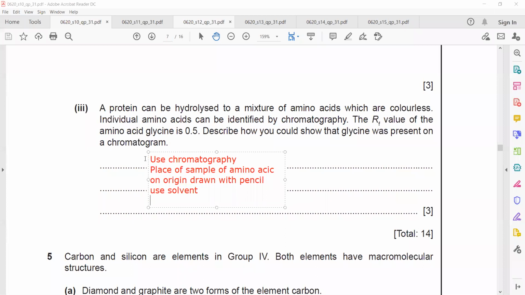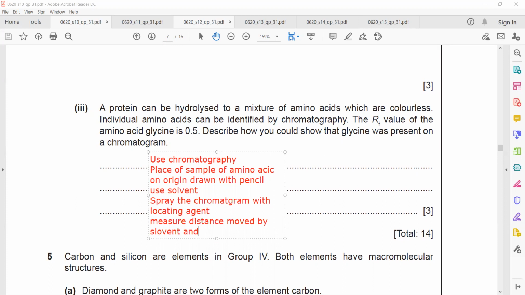Because amino acids are colorless, you have to add another step: use a locating agent and spray the chromatogram with the locating agent, then measure the distance moved by the solvent front and the spot.